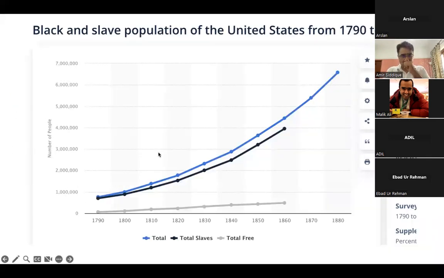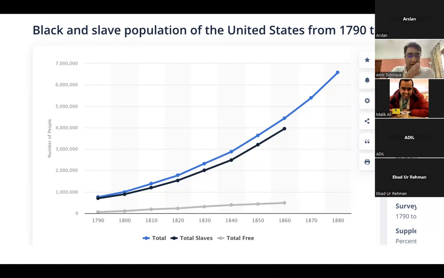This is a very interesting slide. I just told you that only about 4% of the slaves that originated from Africa ended up in the United States. The rest, 96%, went into the Caribbean, Brazil, and other countries of the Americas. Now the question is, what are the numbers? This is how the numbers look.